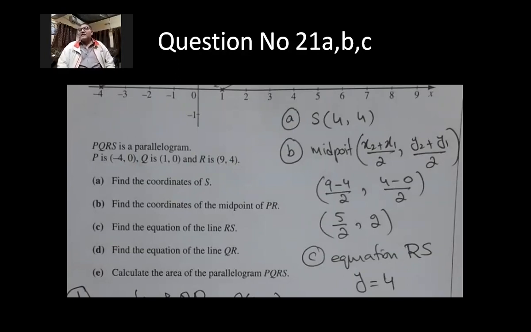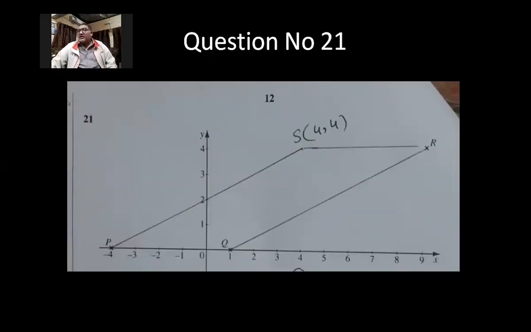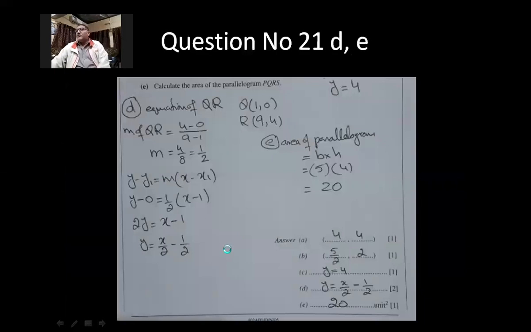Okay. Then he says find the equation of the line QR. They want the equation of the line QR. You know the coordinates of the R point are 9, 4, and the Q point is 1, 0. Let me show you.